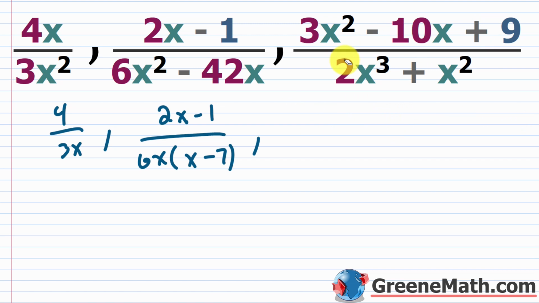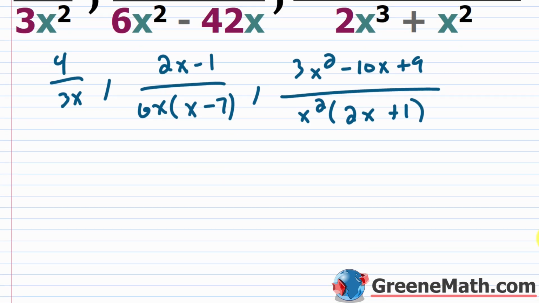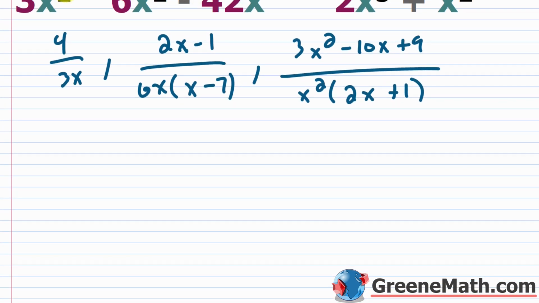You won't be able to factor this here, so we're going to put 3x squared minus 10x plus 9 over. I'm going to pull out an x squared here, and I'll have my 2x plus 1 here. Okay. Anything else I can do? No. So let's go ahead and build the LCD. So for the LCD, what do we have? Well, number-wise, we have a 3, but then we have a 6.